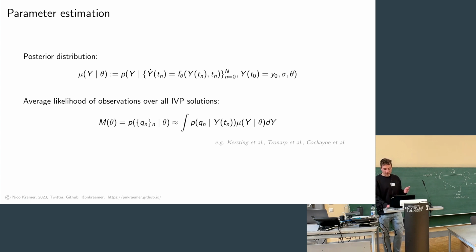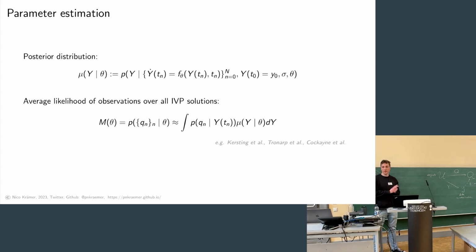The second point is that since we already have some probabilistic description of our posterior, we can do slightly more exotic things. For example, we can assume that our observations are noise-free. What if our observations are noise-free? Then there's no real likelihood to evaluate unless we have a probabilistic solution.